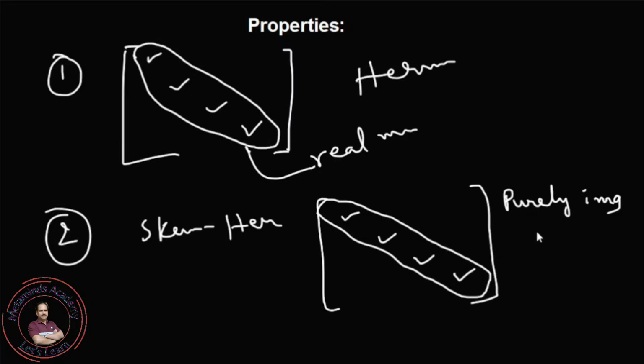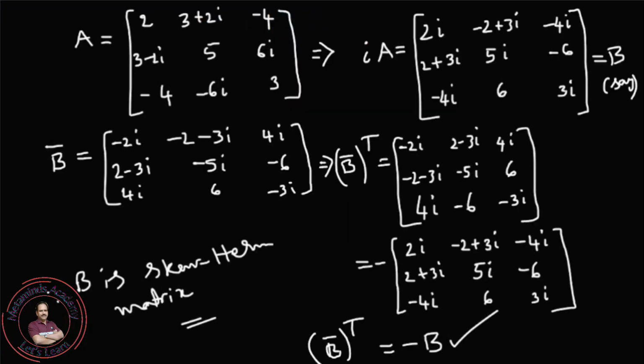If you see in this problem, we have taken B as this matrix and proved that B is skew Hermitian.